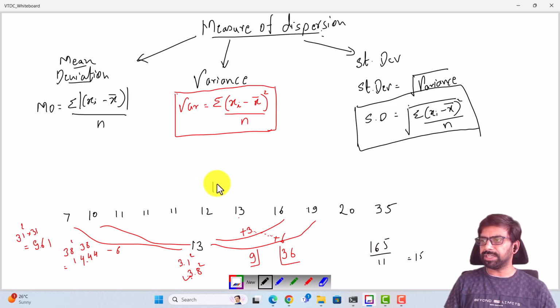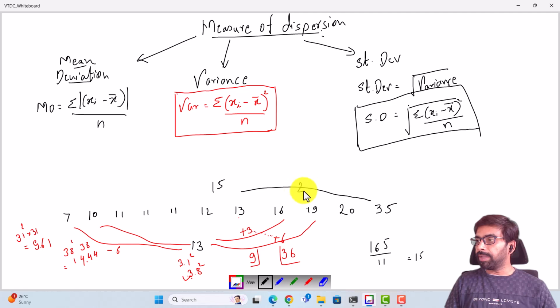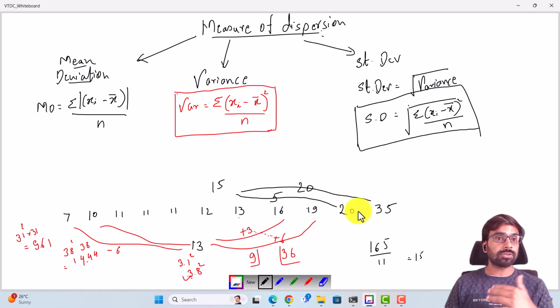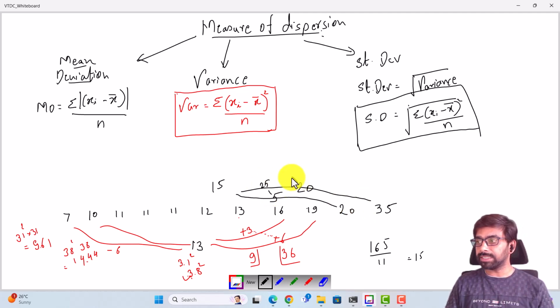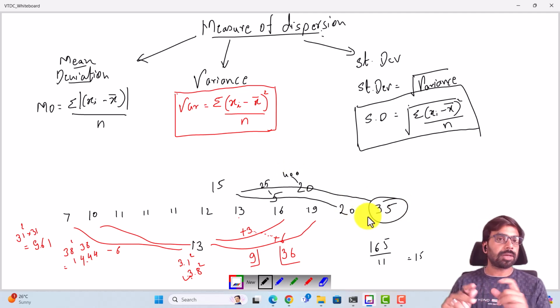Now, if you look at it, 35 is very far away from 15, hence an outlier. Now, imagine doing 20 square over here, where the deviation is 20. Although 20 and 5 as numbers are not that far apart, their squares will be, this will be just 25 and the square of this will be 400. So I've automatically, mathematically punished a point which is very far away from the mean.